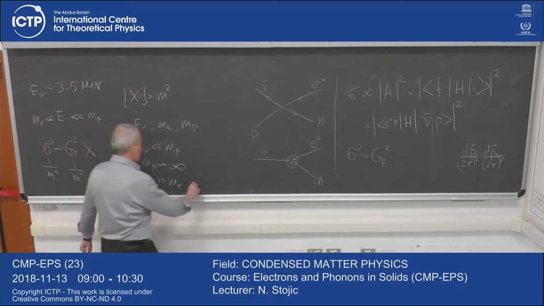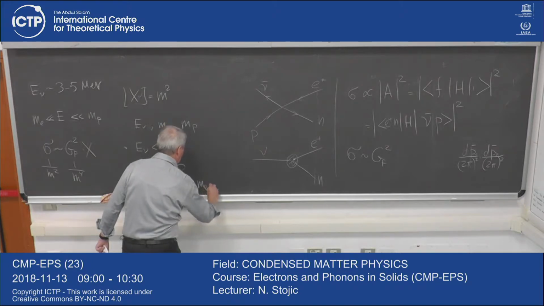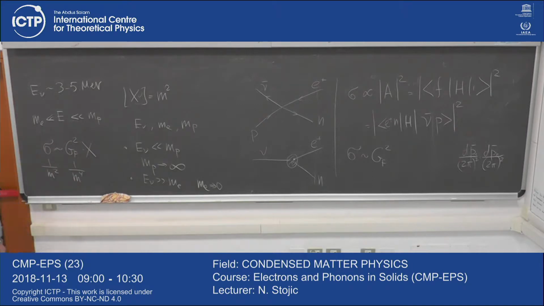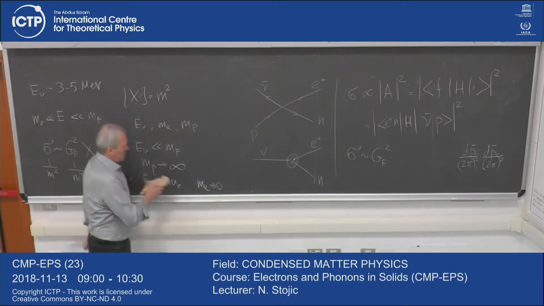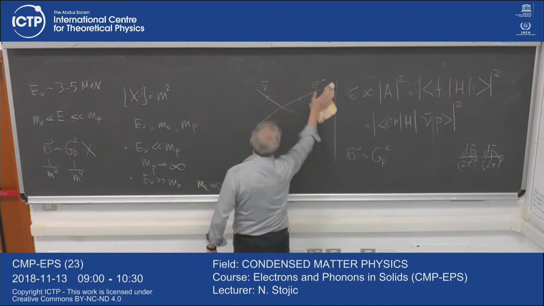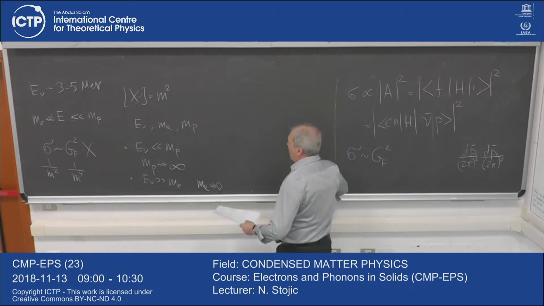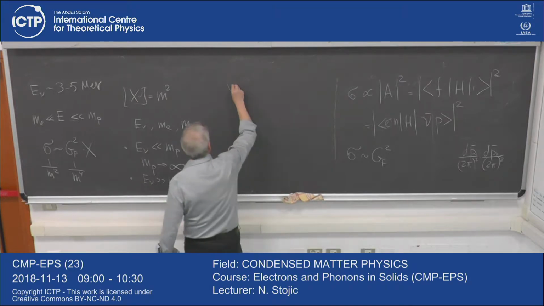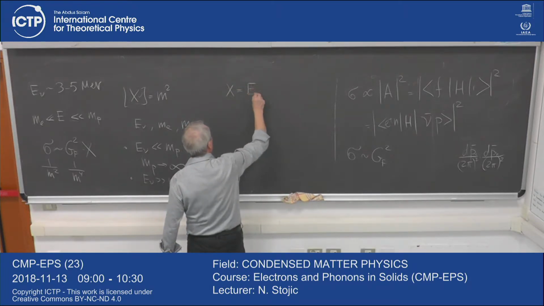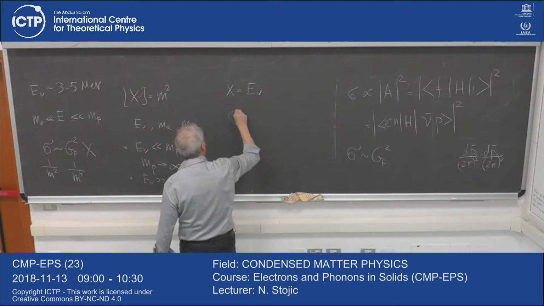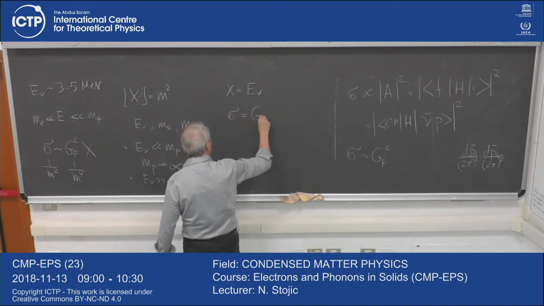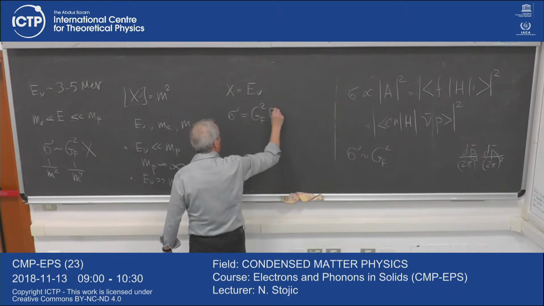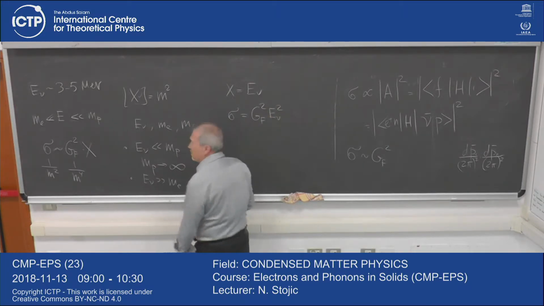Therefore, in the first approximation, we can put the mass of the electron to be 0. And so the only quantity which is left is the energy of the neutrino, right? And therefore, we can identify X with the energy of the neutrino, and then write our cross-section as G Fermi squared, energy of neutrino squared.